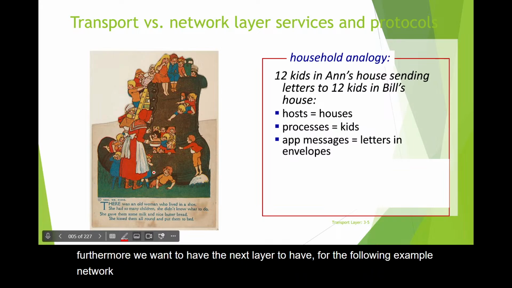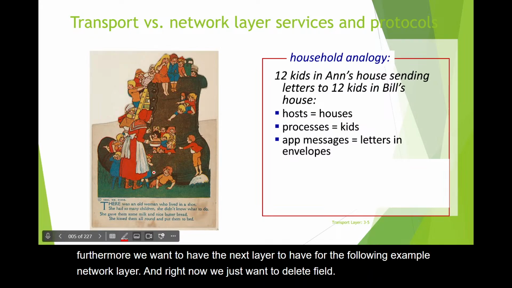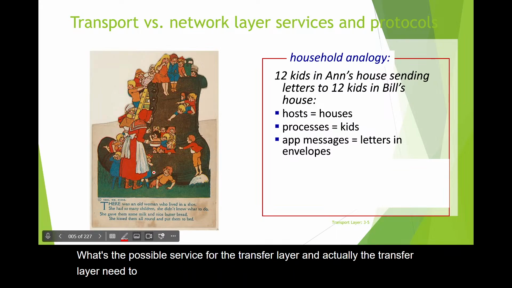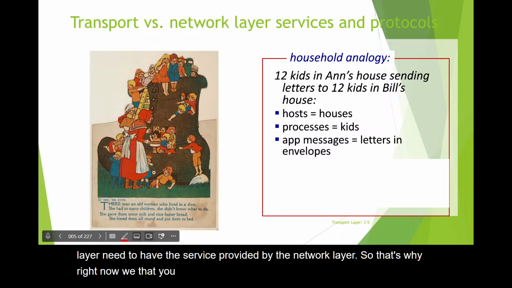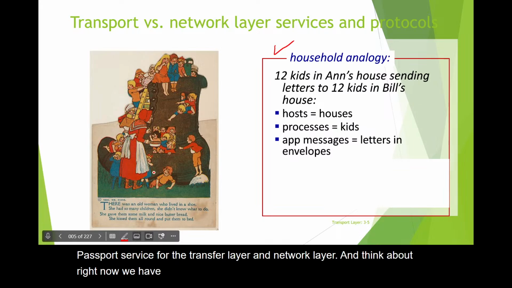And right now, we just want to let you feel what the possible services for the transport layer are. Actually, the transport layer needs the service provided by the network layer. So that's why right now we look at the possible services for the transport layer and network layer. Think about the household analogy.